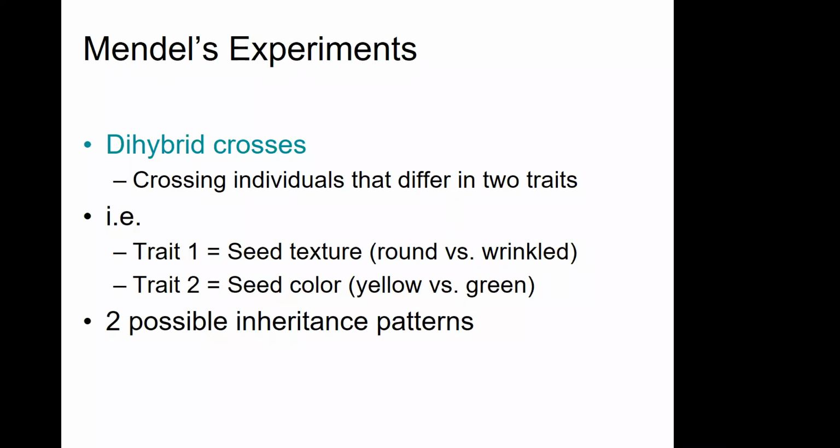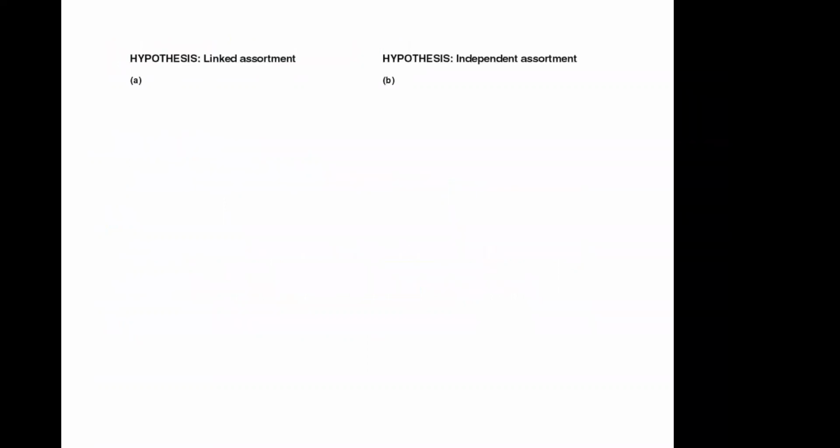And you could have 2 different possible inheritance patterns from this. He figured it like this. He said, maybe the dominant traits will always go together and the recessive traits will always stick together. So dominant will go with dominant, recessive will go with recessive. And he called that linked. That dominant would be linked to dominant, recessive would be linked to recessive. So that's a hypothesis we're going to call linked.